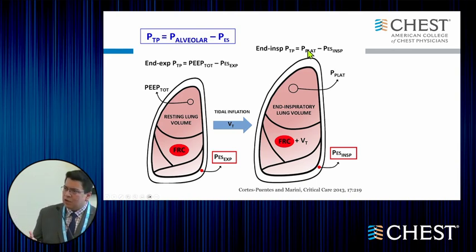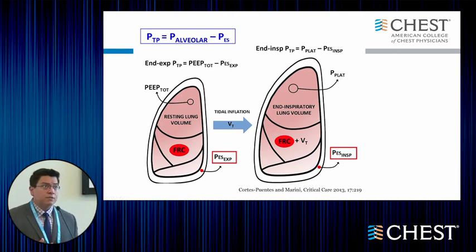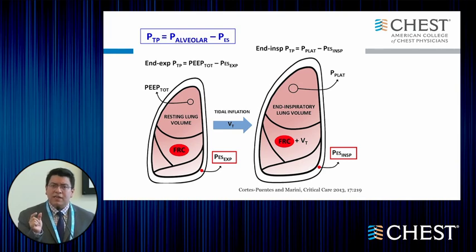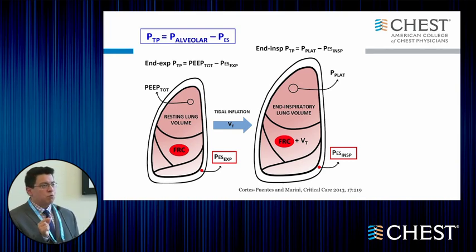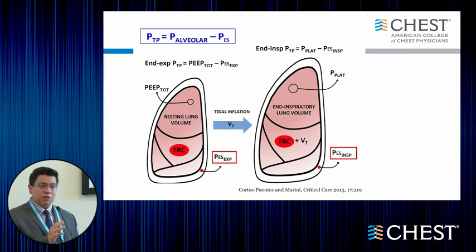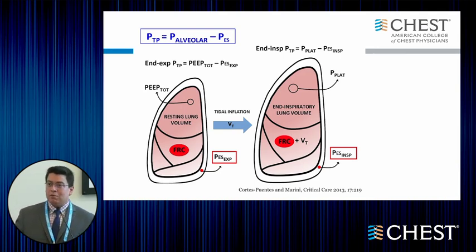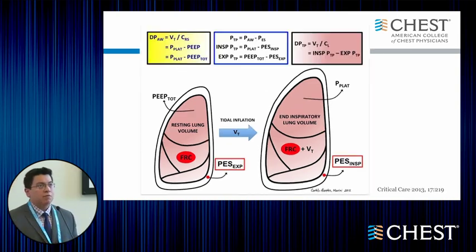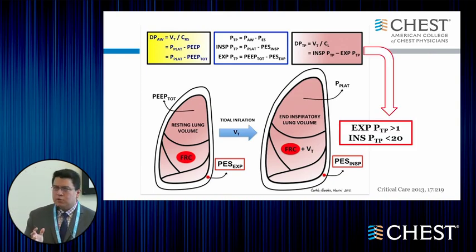What this technique of titrating PEEP and tidal volume does is use these calculations with the idea that a positive transpulmonary pressure means that your alveolus is inflated, and a negative transpulmonary pressure means that your alveolus is collapsing. So we want to avoid atelectrauma, or opening and closure. So we want to maintain a positive transpulmonary pressure across the tidal cycle, right? A positive transpulmonary pressure at the end of expiration and at the end of inspiration. And there are certain parameters for doing that.